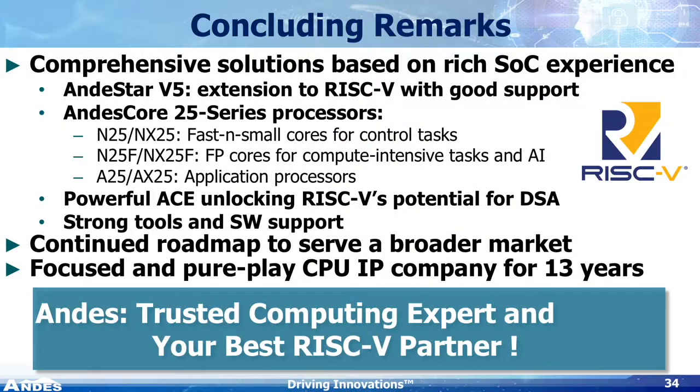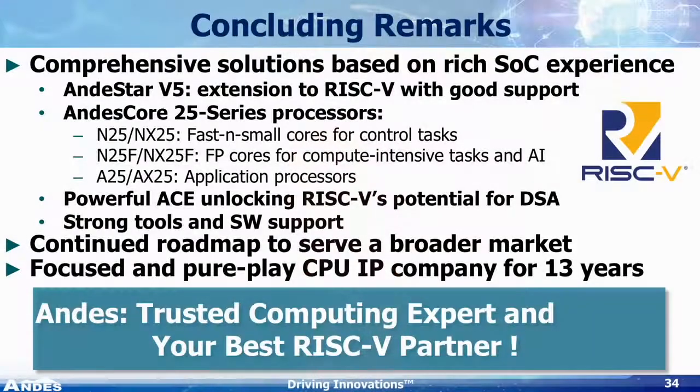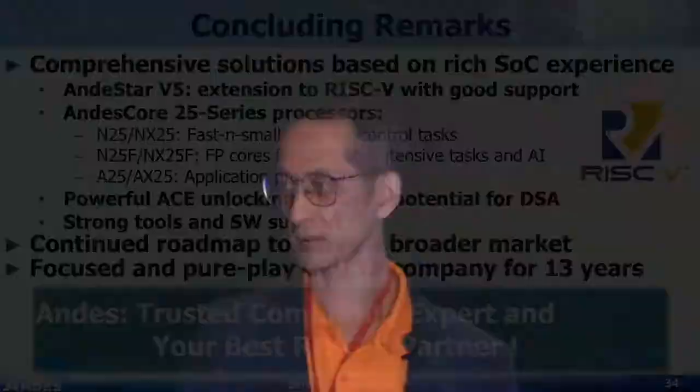So Andes provides a comprehensive solution for RISC-V based on our rich SoC experience in the past. Starting from the V5 architecture, we think it is the best extension to RISC-V, and it comes with good support. The 25 series processor is a fast and small version for control tasks, a 45-series core for compute-intensive tasks, and also to help AI work alongside the accelerator, doing the housekeeping tasks. The A processor is targeting application processors, entry level.